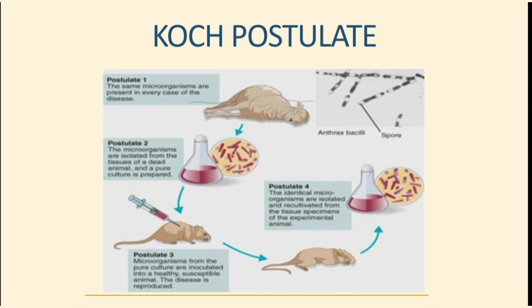Third, inoculation of a healthy individual with the cultured microorganism must recapitulate the disease. And fourth, the microorganism must be isolated from the inoculated, diseased individual and matched to the original microorganism. Koch's postulates have been critically important in establishing the criteria whereby the scientific community agrees that a microorganism causes a disease.